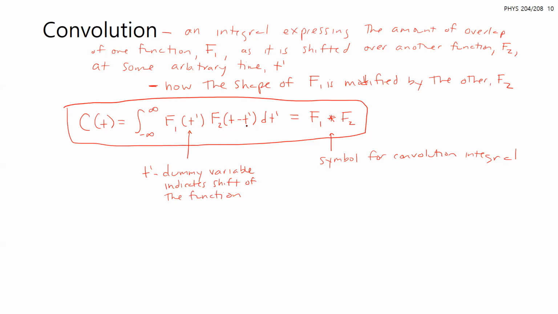And an important thing to note in this equation is that it's T minus T prime, and it is not T plus T prime. This is important, because you would get a different result if you added them. So the subtraction there is something to note.